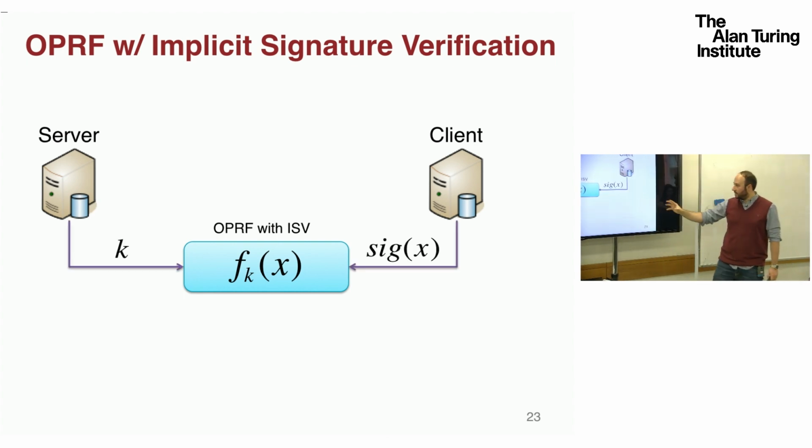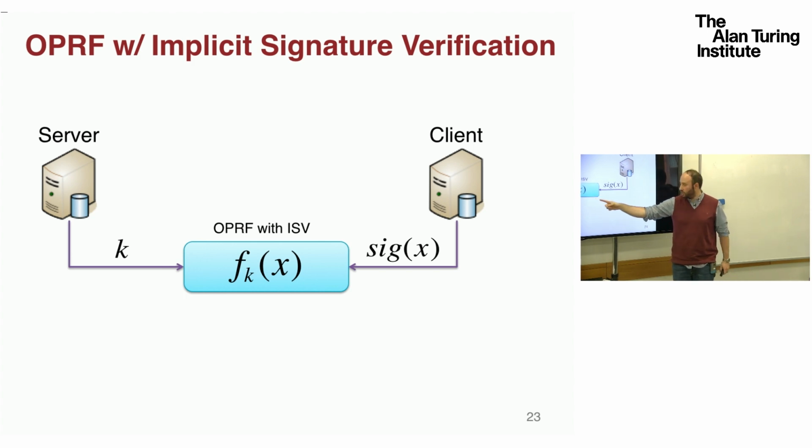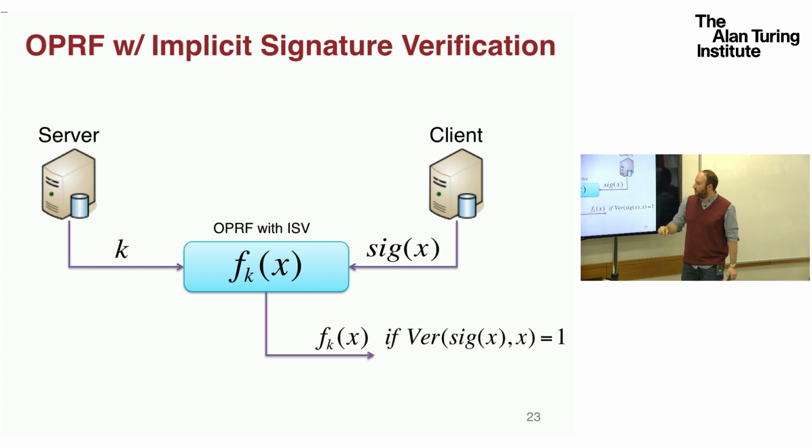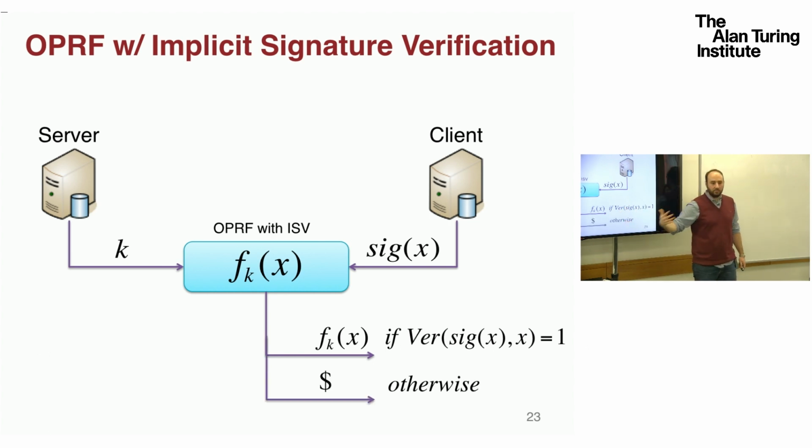Now, instead of inputting x in order to get f_k(x), I'm actually inputting a signature of x, a signature from some recognized valid authority, like a court, a judge, a FISA court or whatever. So now this OPRF gives me f_k(x) if and only if I'm inputting a valid signature. Otherwise, I get some random junk.